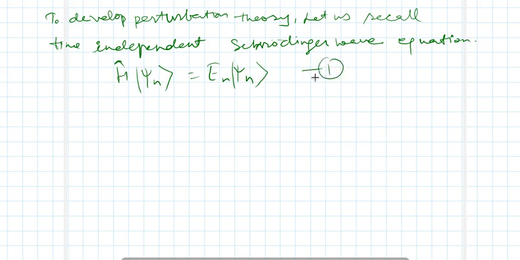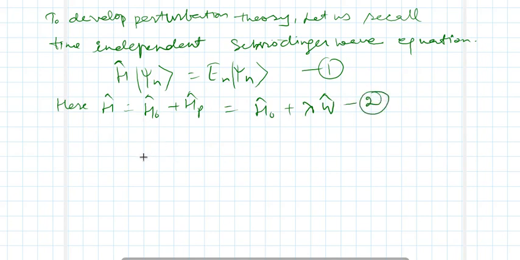Let me call it equation number 1. Here H is equal to H naught plus HP, and this HP is nothing but lambda W. Therefore equation 1 becomes H naught plus lambda W acting on psi n is equal to E n psi n.